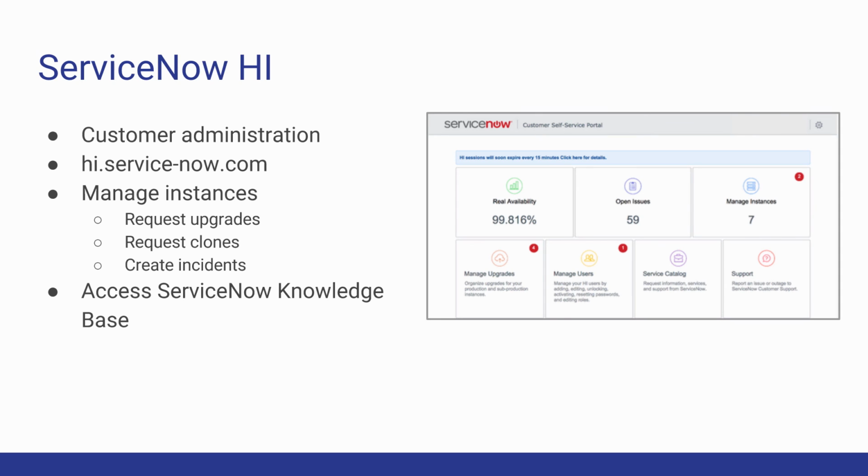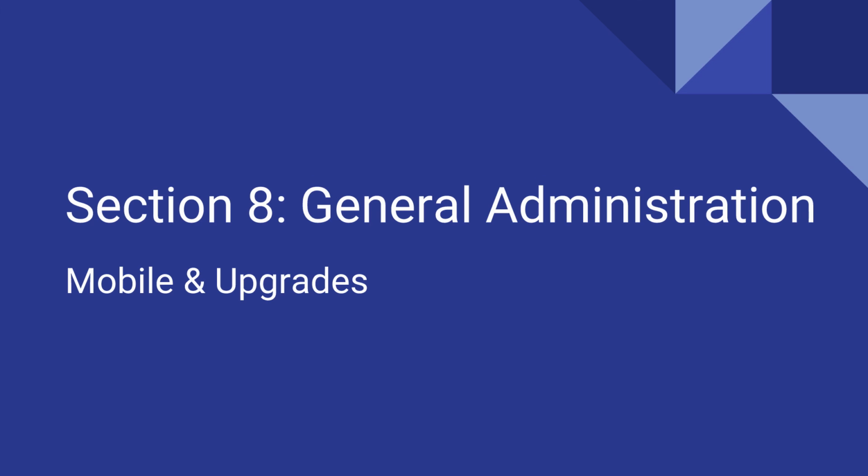The URL for the HI portal is hi.service-now.com. In addition to support and managing instances, you also have access to ServiceNow's knowledge base, which contains articles on all sorts of topics. Now let's take a look at these in the browser.